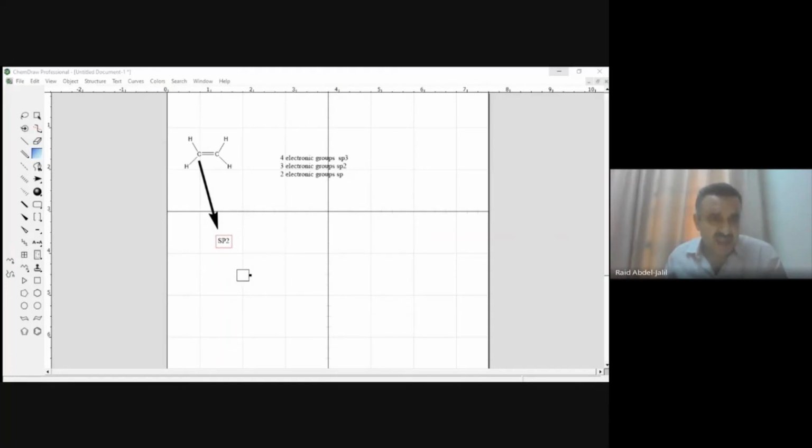I'm just trying to draw it again for you. Let me use this as a p orbital. There is a remaining p orbital on each carbon, and these 2 p orbitals overlap.